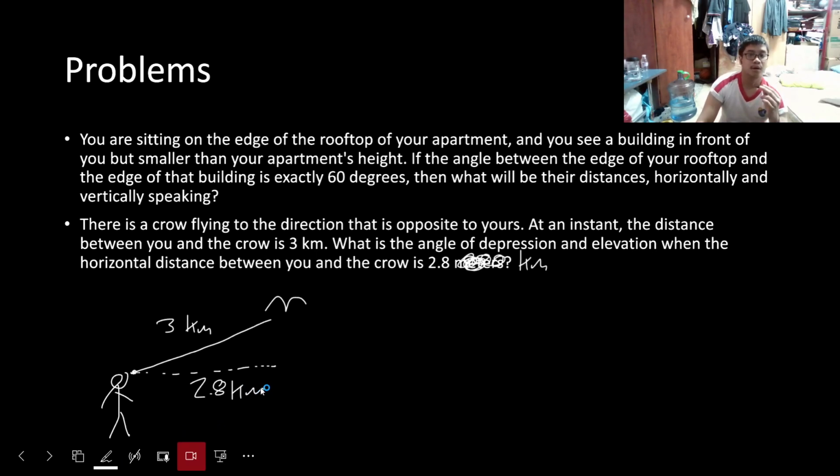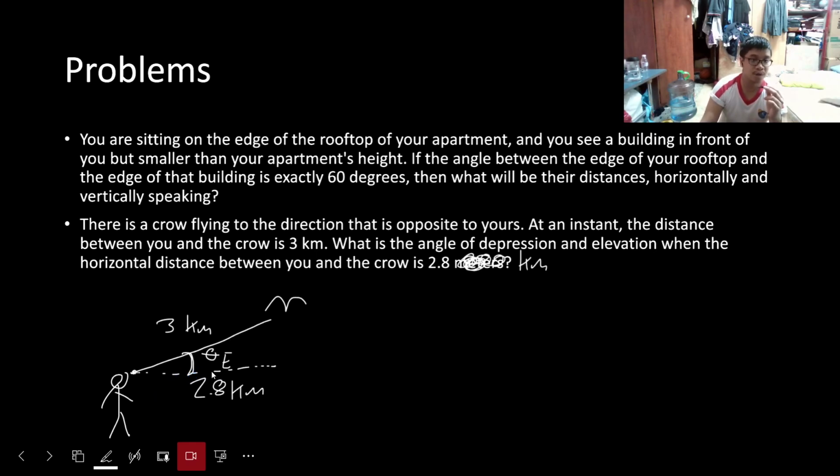Okay. So, where are the angles of elevation and depression? Let's start first with the angle of elevation. Again, the angle of elevation is above the horizontal line of sight, so we can assume that this is your angle of elevation. On the other hand, the angle of depression is below the horizontal line of sight. Now, where should we put the angle of depression?